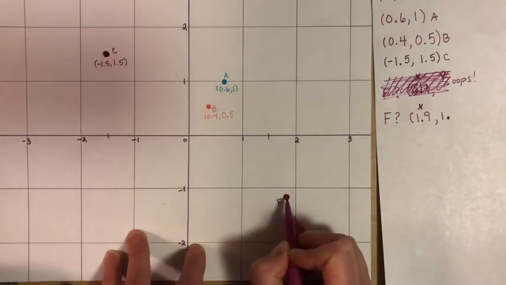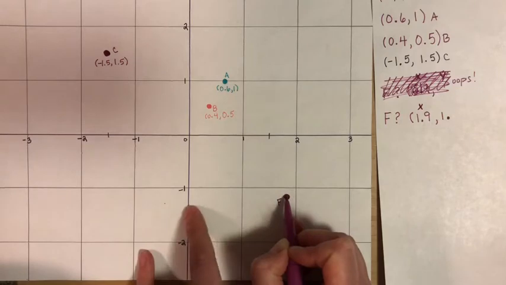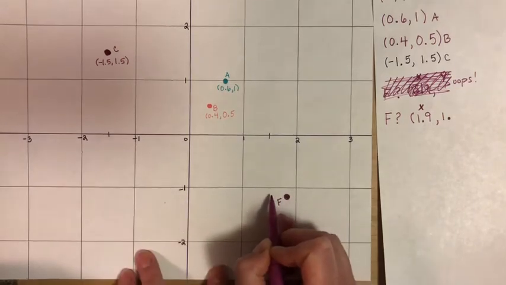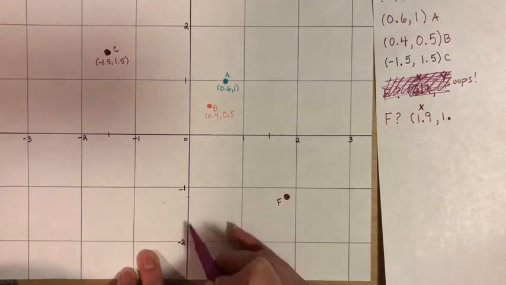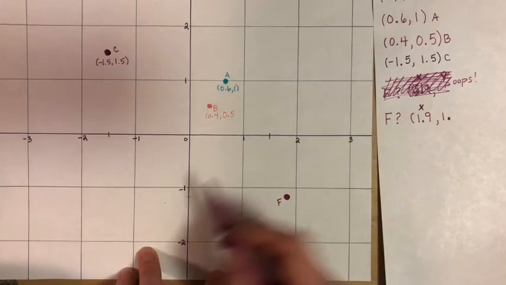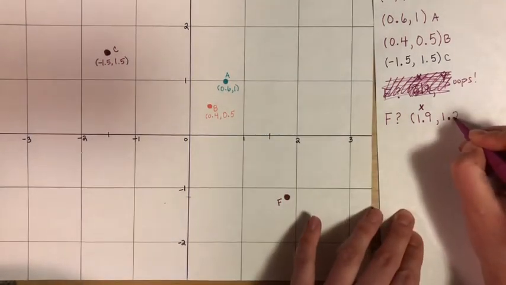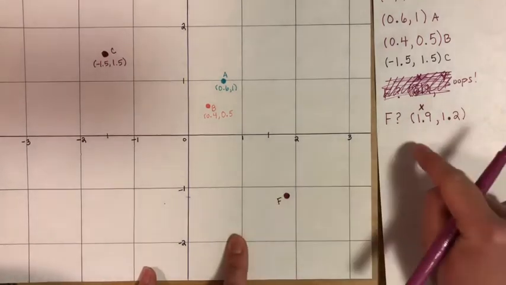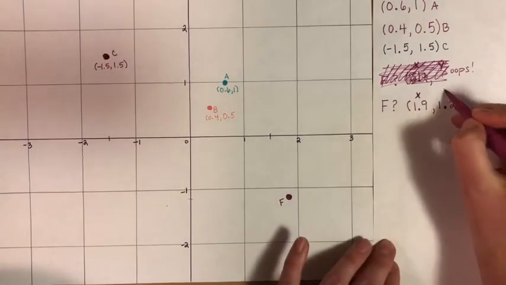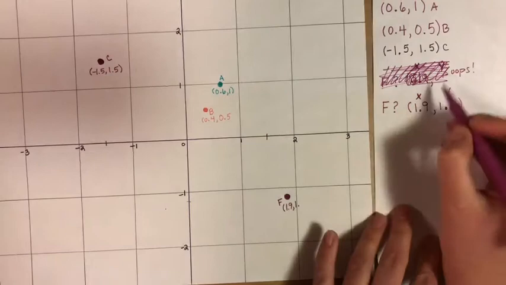Like, it's pretty close. So I'm thinking maybe this, so if I draw a line over to the axis, it's kind of like that far down. So I don't know, what do you think? Maybe like 0.2, 0.3? So this point, F, is about at 1.9, comma 1.2.